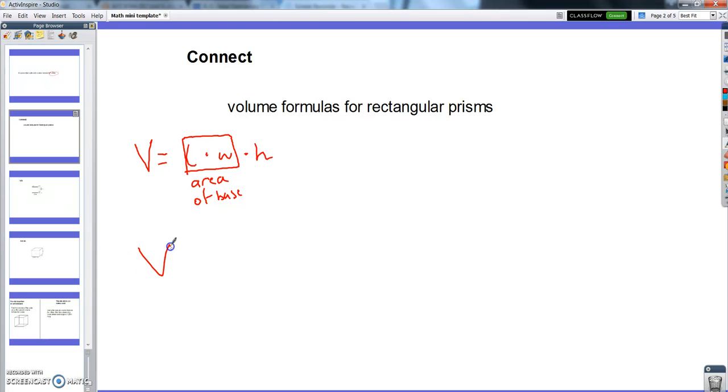Sometimes we used a second formula, volume equals big B times H, where the big B was the area of the base. So you can find the area of the base, then multiply by the height, or use length times width times height. You're doing the exact same thing in both of these cases.